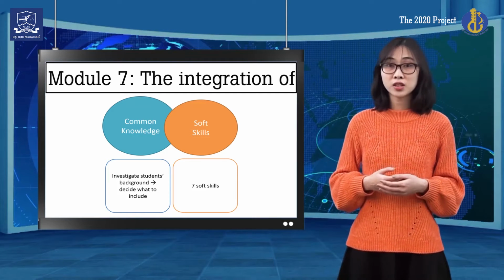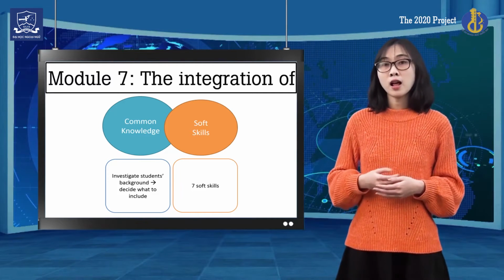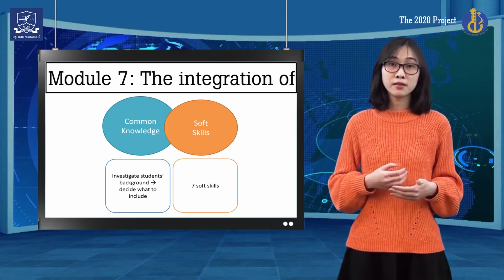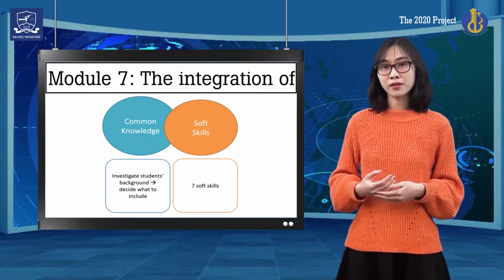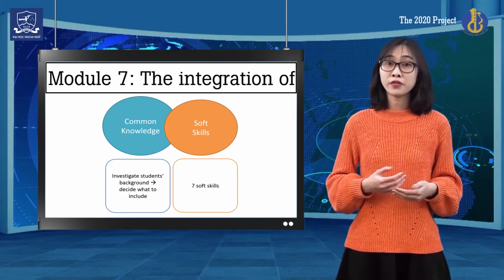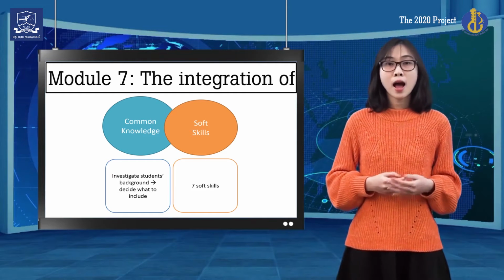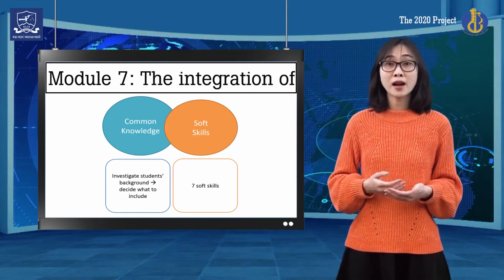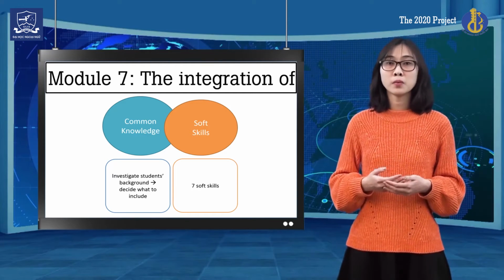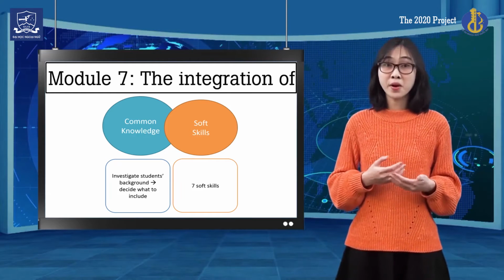They are communication skills, thinking and problem-solving skills, teamwork skills, lifelong learning and information management, entrepreneurial skills, ethics, morals, and professionalism, and leadership skills. By adding additional knowledge and skills beyond the language, the lesson will become more captivating and students will be the ones to benefit from this.